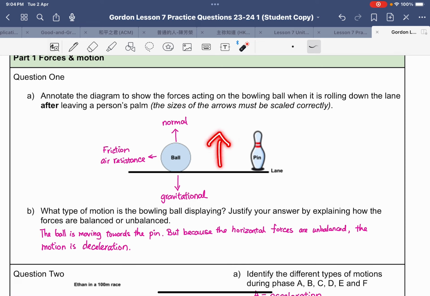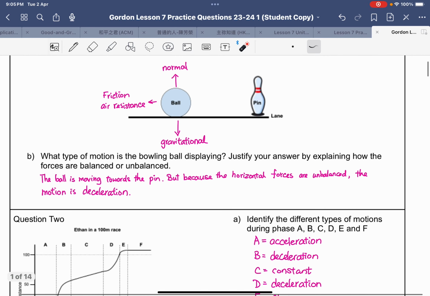Oppositely, if the normal force is way bigger than the gravitational force, then the ball will start lifting into the air, and it'll be magic, not science. So I think we have already explained why the ball is going at a deceleration motion towards this particular side.